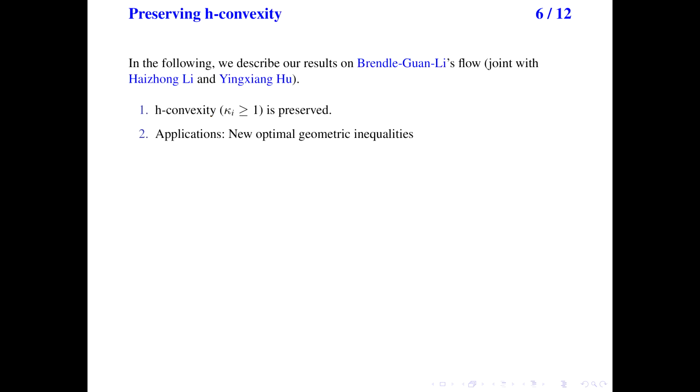Then we can show that the flow converges to a geodesic sphere starting from the initially h-convex hypersurface. Then secondly, we find more applications. We can apply the convergence result to prove some new optimal geometric inequalities.